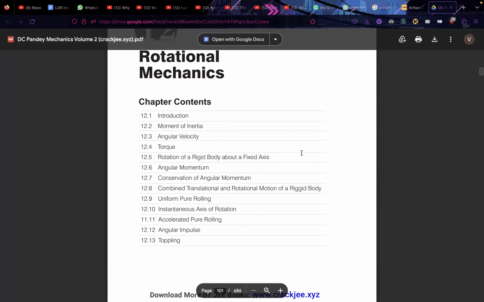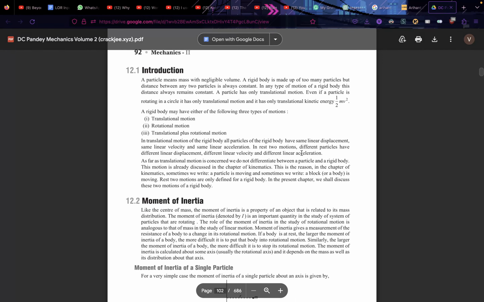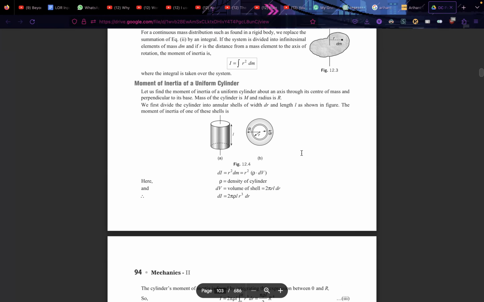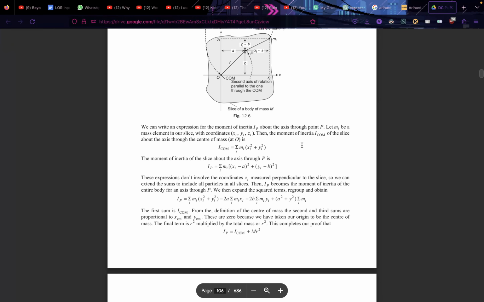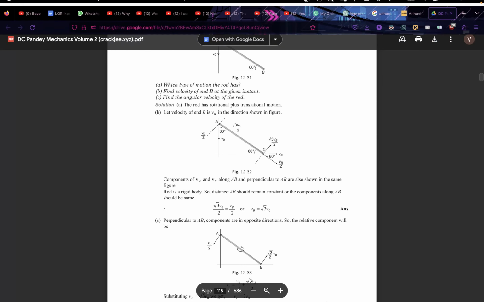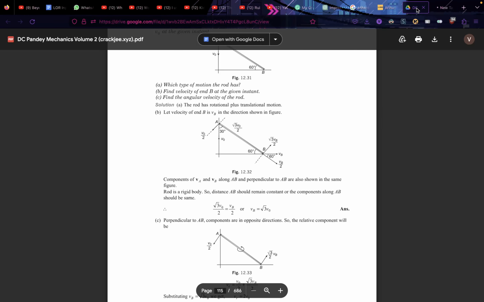Just a second, yeah, rotational mechanics. Okay, got that. Alright, it's actually a pretty good book. Not bad either.